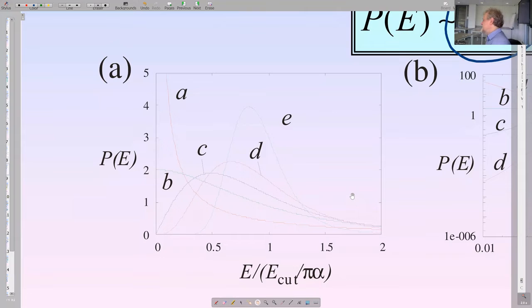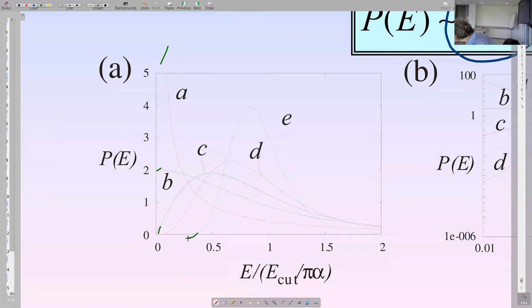There are different shapes of P of I in the ohmic case. They are all power laws at small energy. It's a power law with a negative exponent. Then if one increases the resistance, it becomes zero exponent and then positive exponent.